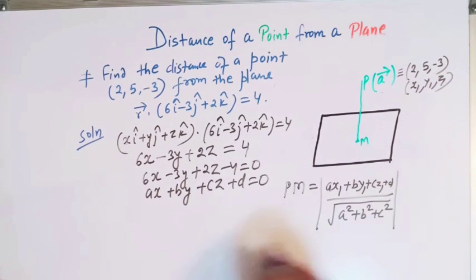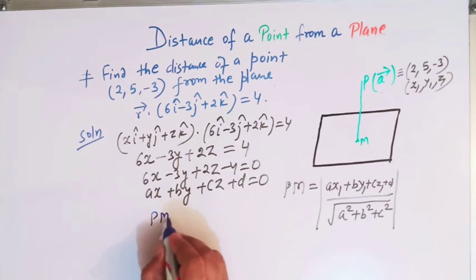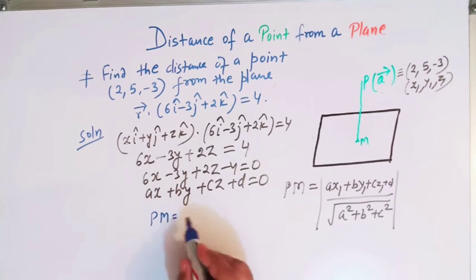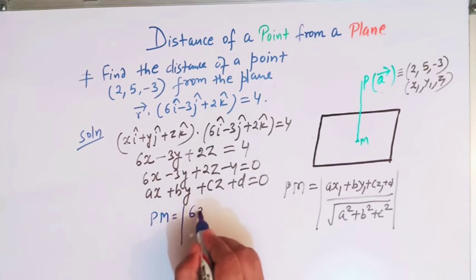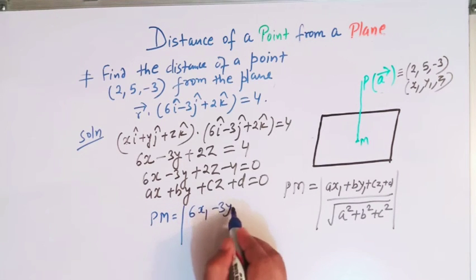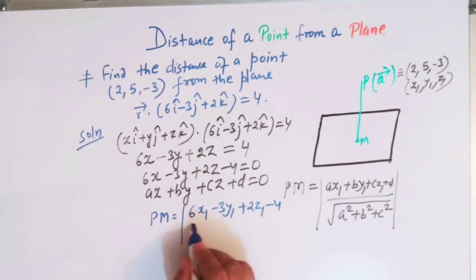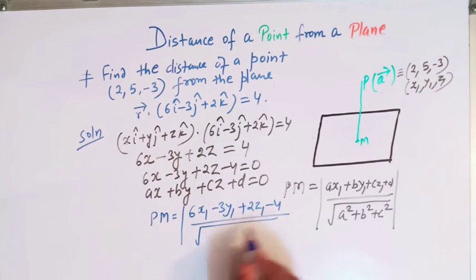Now if we substitute the values, we have 6x1 minus 3y1 plus 2z1 minus 4 divided by square root of 6 square plus minus 3 square plus 2 square, right?